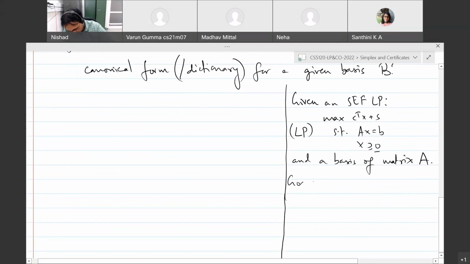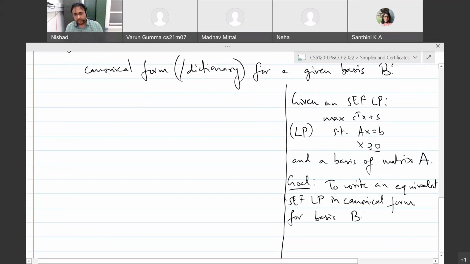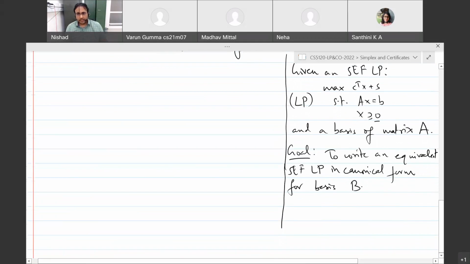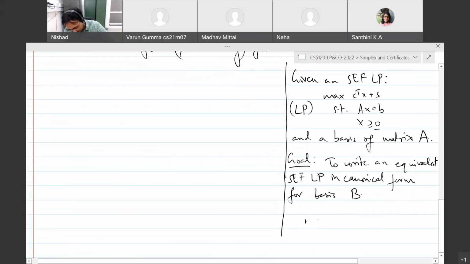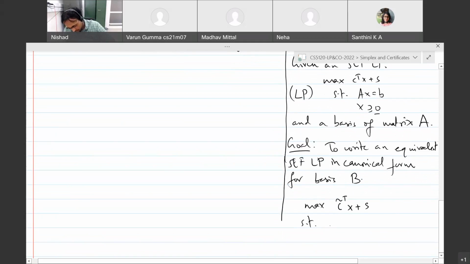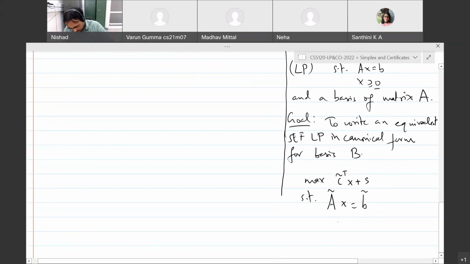So our goal is to write an equivalent SEF LP in canonical form for the given basis B. Okay, so that would be something like maximize, instead of C, we might have a different objective function which will be equivalent to the original one, subject to A tilde x equal to b tilde and x at least 0.